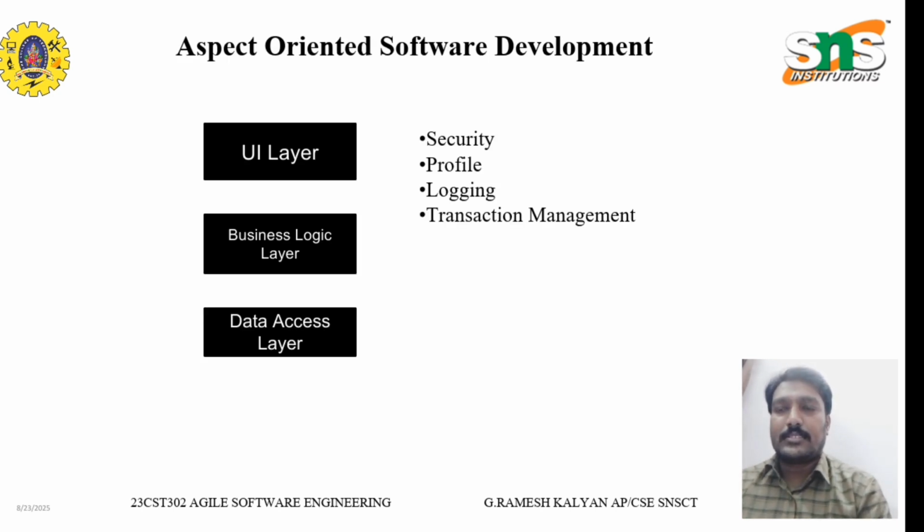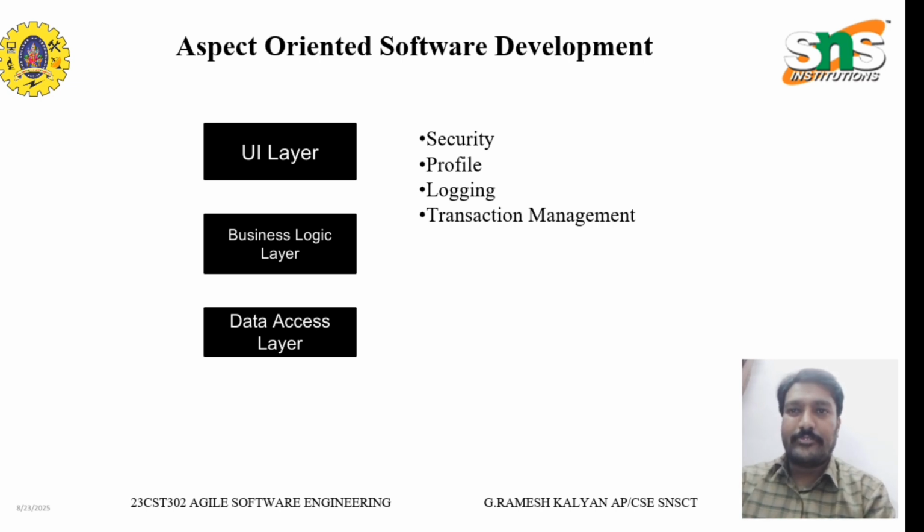This is the third category of the specialized process models, that is aspect oriented software development. We can see some of the layers: UI layer, business logic layer, and data access layer. As we saw in the definition previously, this aspect oriented software development is used for business applications.